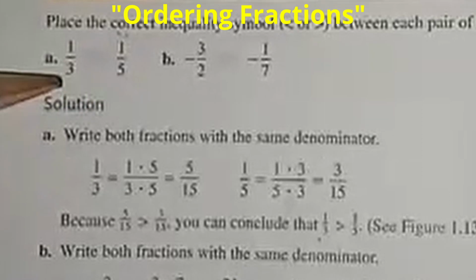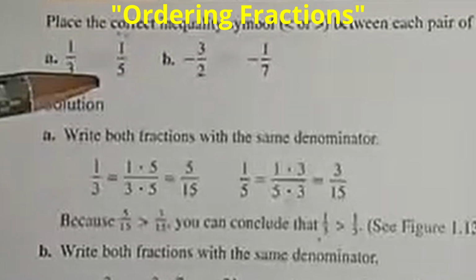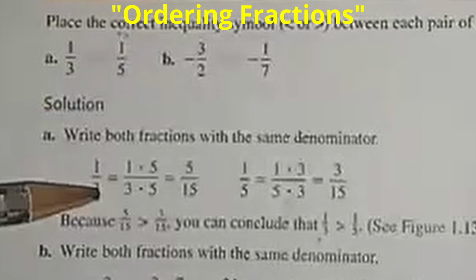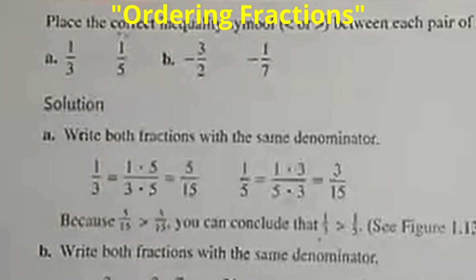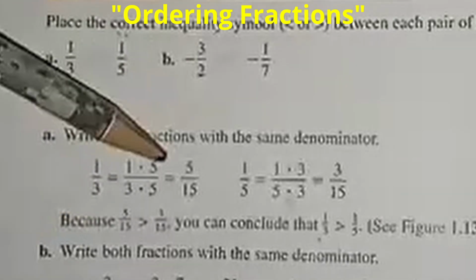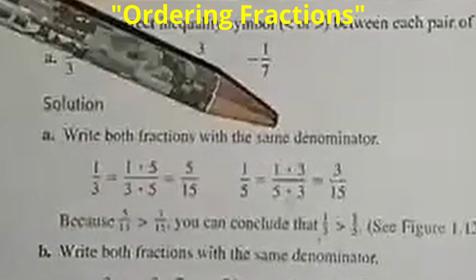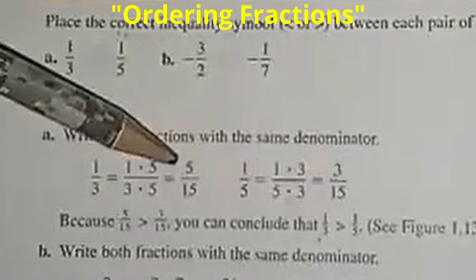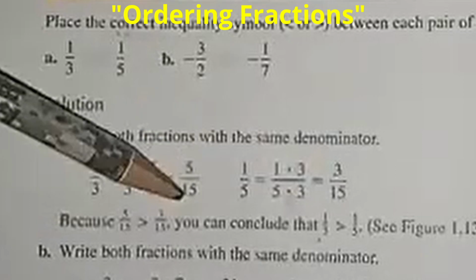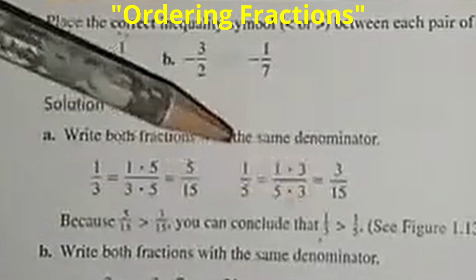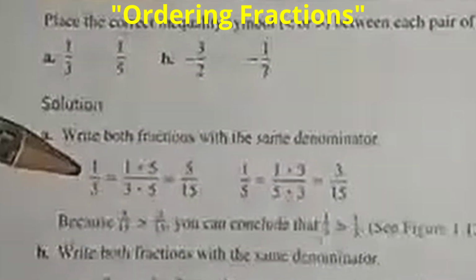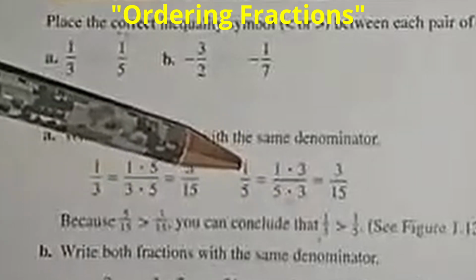The least common denominator between 3 and 5 is 15. That gives me the following equivalent fractions of 5 over 15 and 3 over 15. And we can see if we have 5 out of 15, that's more than 3 out of 15. Once again, 1/3 is larger than 1/5.